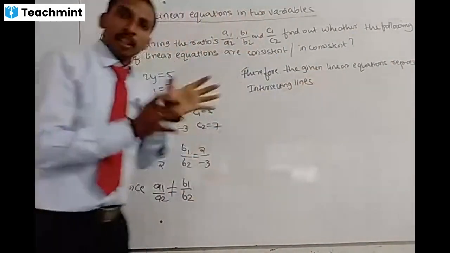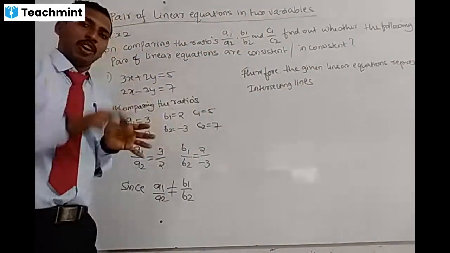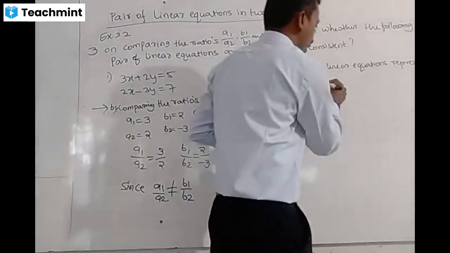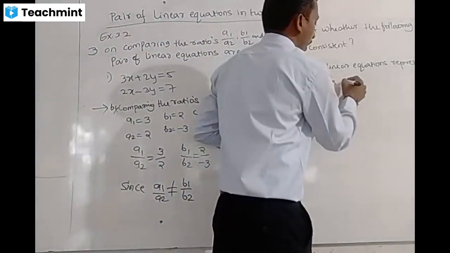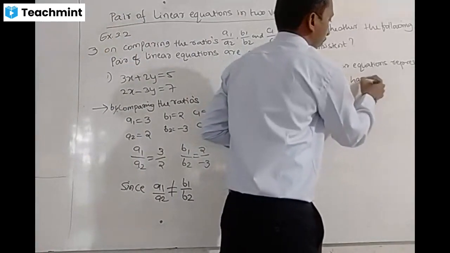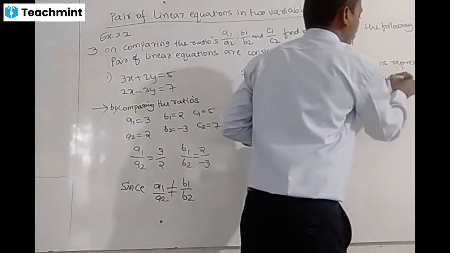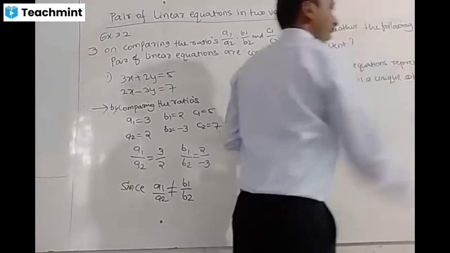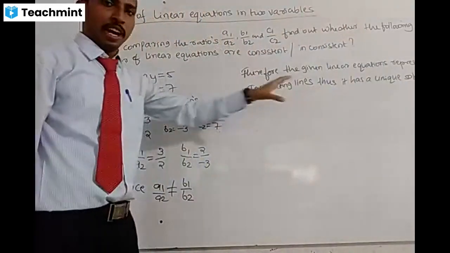As you know, do intersecting lines have a solution or not? It has a unique solution. Here you write, thus it has a unique solution. Unique means only one solution.